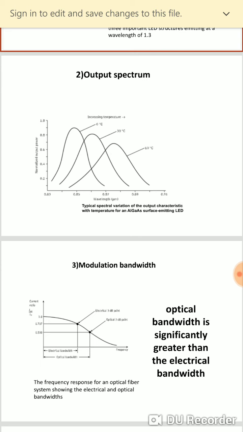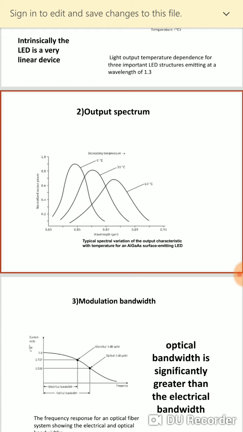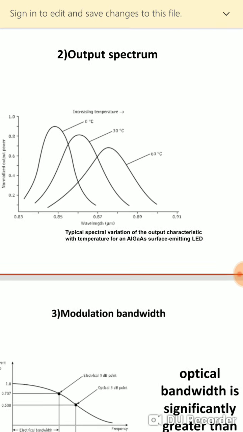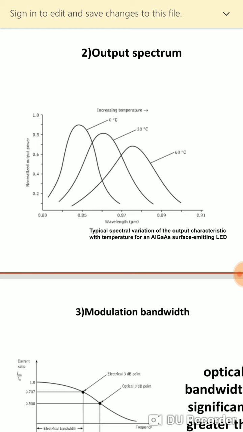But in the case of an optical signal we do not use the frequency, we use the wavelength, because wavelength is the basic parameter that affects the various characteristics. So any graph related to optical communication is mostly with respect to wavelength. Output spectrum is the graph of output optical power versus wavelength.